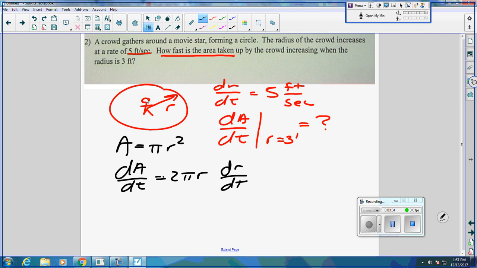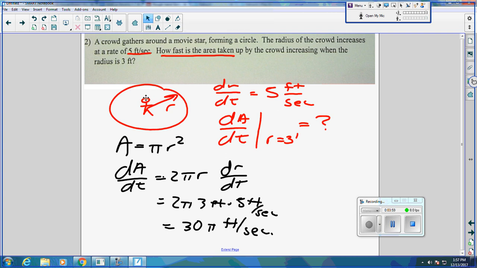It's really plug and chug. 2 pi, 3 feet times 5 feet per second. And we get dA/dt to be 15 times 2, 30 pi feet squared per second. Pretty straightforward. Only 2 variables, right? A fairly straightforward problem. Let's try one that's a little more complicated.